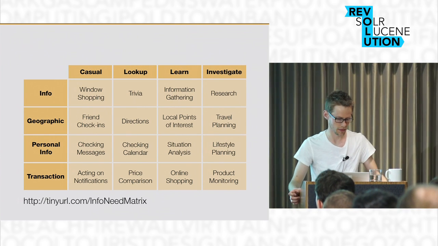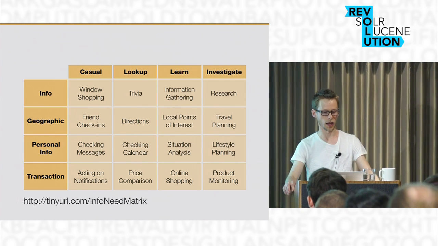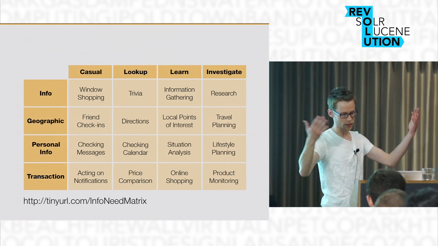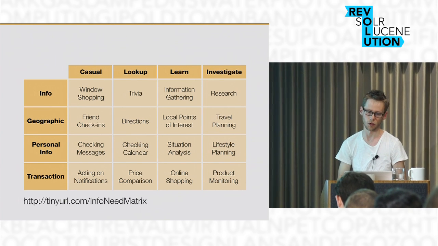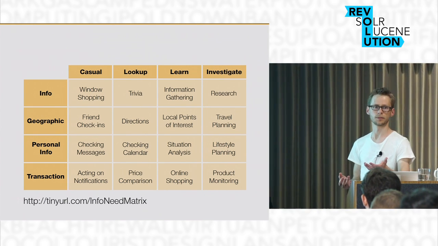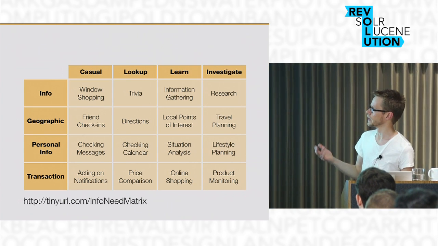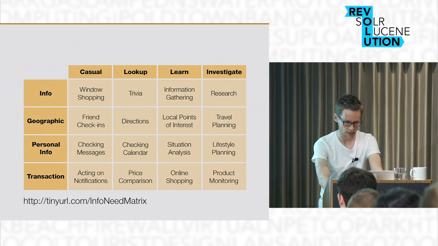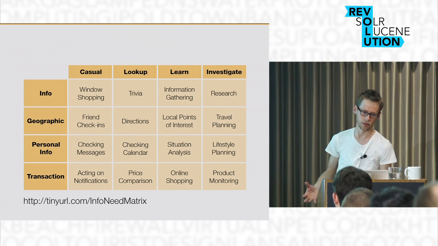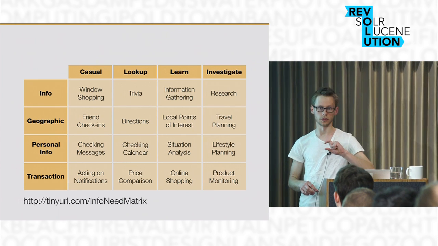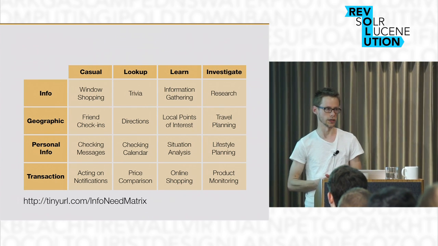Maybe you were at the Tipsy Crow and a point of trivia came up, right? Maybe in the conversation, the question came up, when did Bob Marley die, and what did he die of? That would be an example of the trivia case. Or at the intersection of lookup and geographic, maybe you were trying to get directions to Luigi's Pizza.